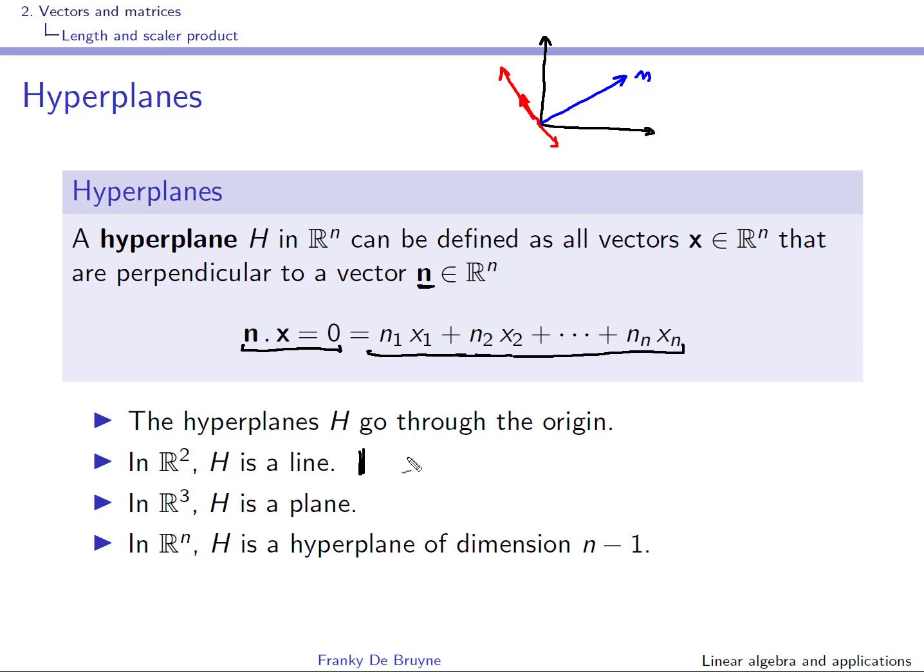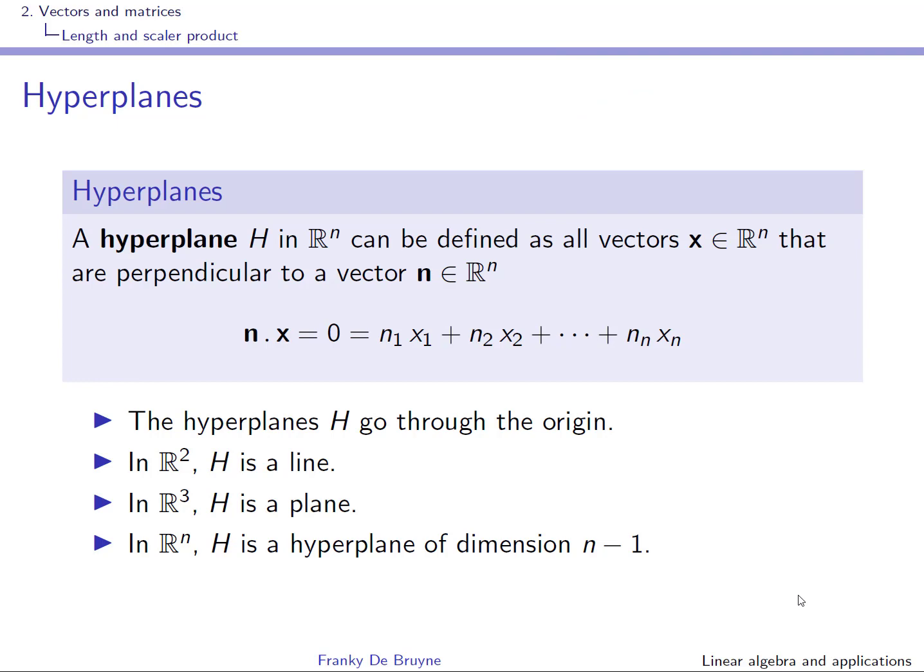You can do the same type of exercise in R3, and you'll see that you'll obtain a plane. And in general, in Rn, we'll see that a hyperplane has dimension n-1. Okay, and we'll come back to this notion of dimension later on in the course.